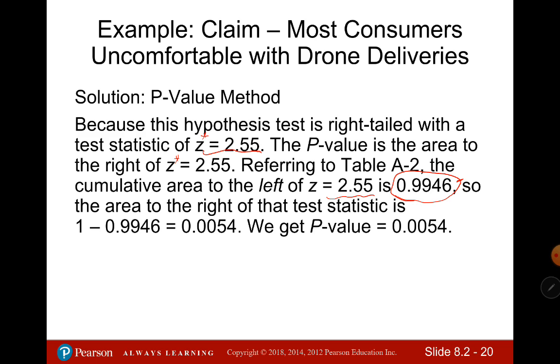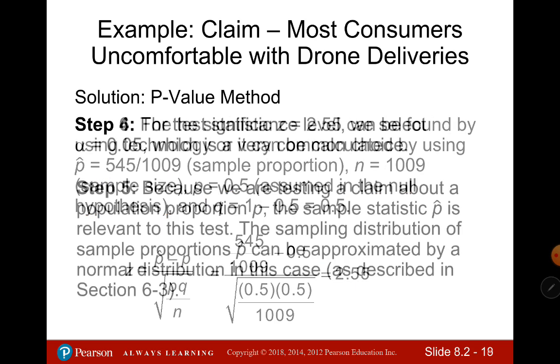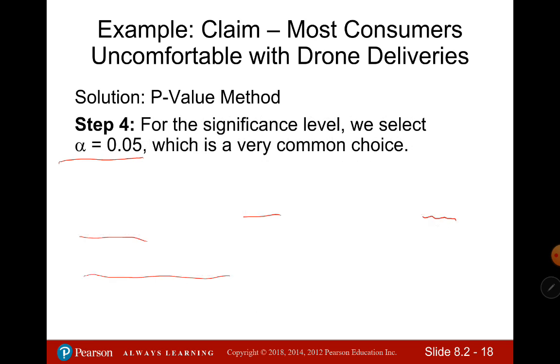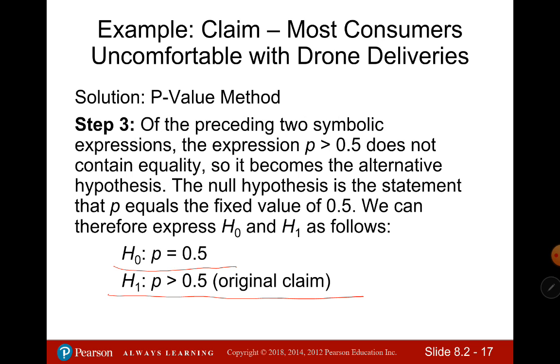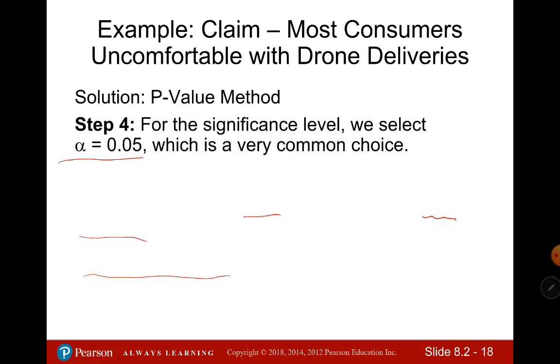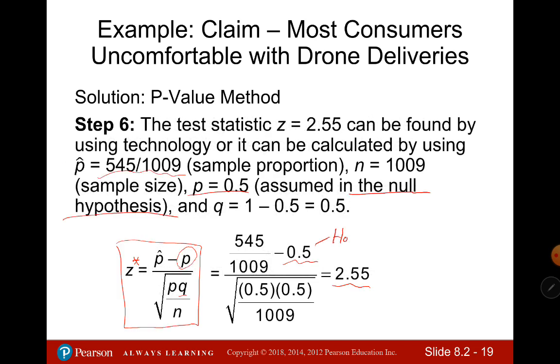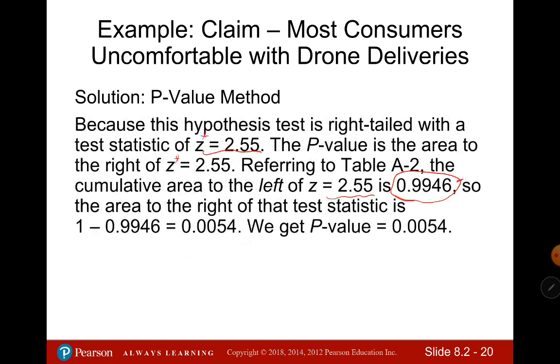But do you realize what kind of test we have? Is it a one-tail test or two-tailed test? It's greater than, so we know the direction. It goes to the right side. So it's a one-tail test and it's a right-tailed test. We need to get the right tail p-value. But this 0.9946 is the area cumulative to the left.